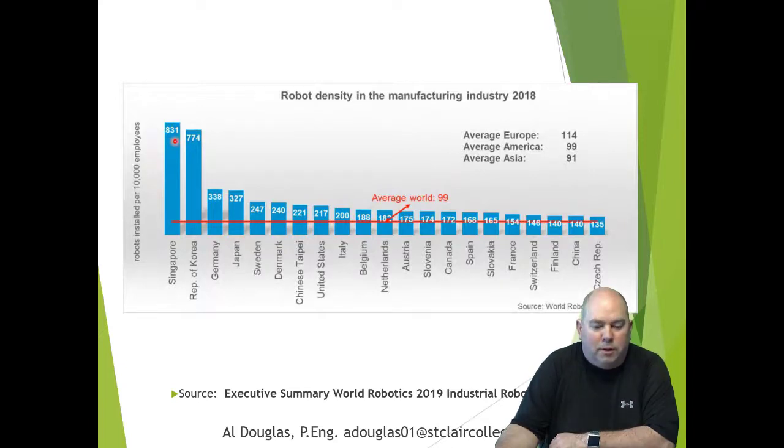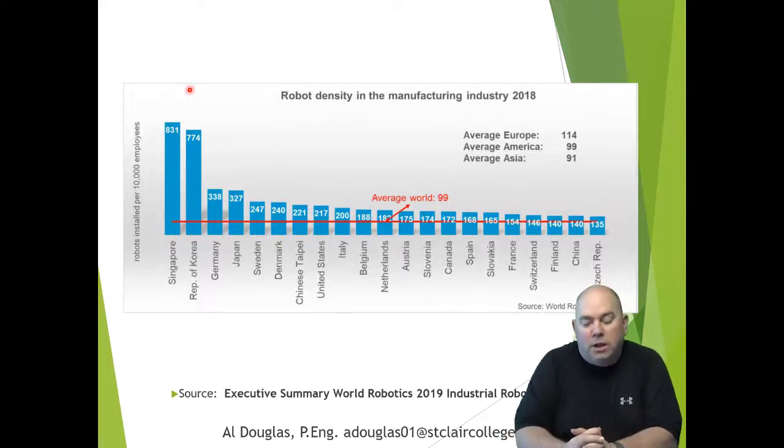So there's almost a robot for every 10 workers in manufacturing in Singapore. Korea is just behind them as well, and then a huge drop after that. So basically Singapore and Korea are extremely automated.